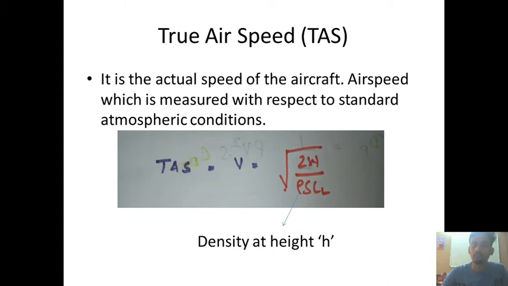In the true airspeed, with the change in altitude there is obviously a change in density also. When the altitude increases, the density decreases. The decrease in density is due to the decrease in pressure. So when the altitude increases, the pressure decreases, which leads to the decrease in density.